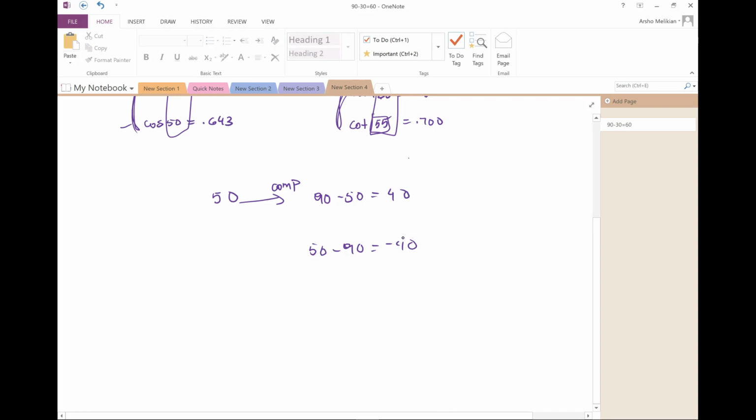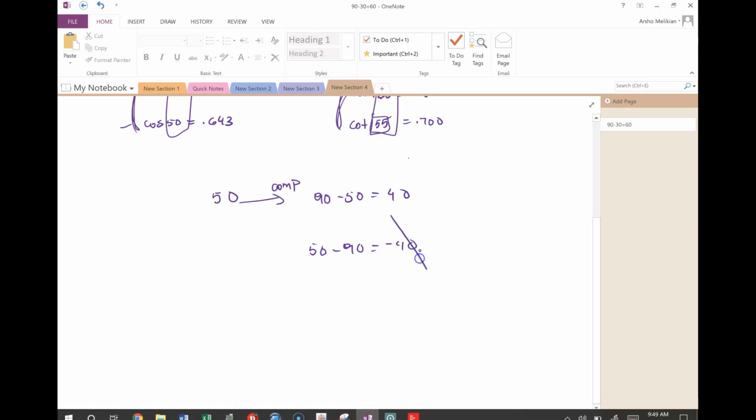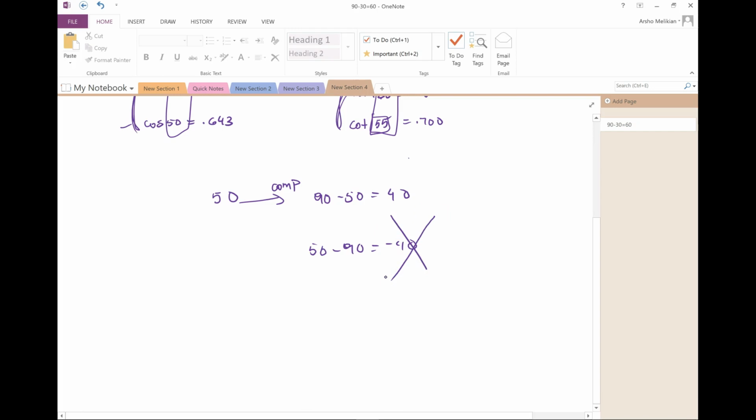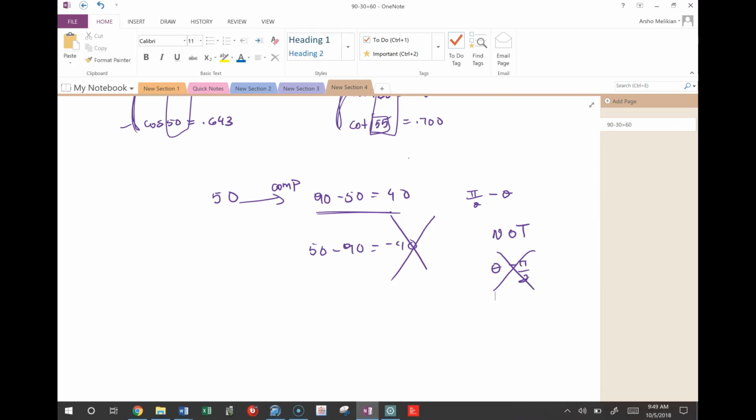Not cool. A complement must be positive. It must be 90 minus 50. It must be pi over 2 minus theta, not theta minus pi over 2. That'll make a huge difference for the sine and tangent.